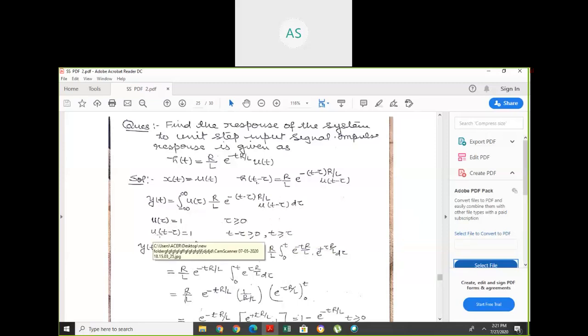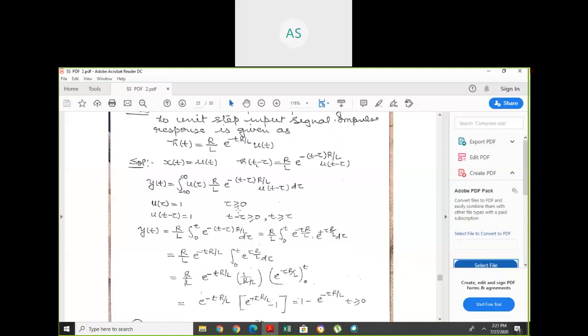Similarly, u of t minus tau is 1 when t minus tau is greater than or equal to 0, or we can say t is greater than or equal to tau. So from these two conditions, the higher and lower limits are defined: the higher limit is t and the lower limit is 0.